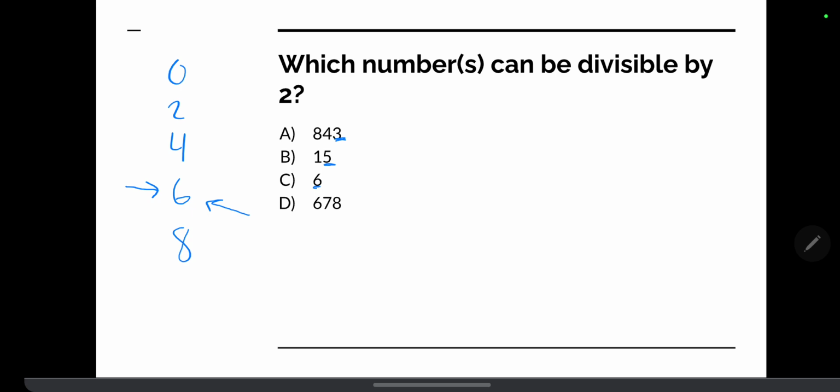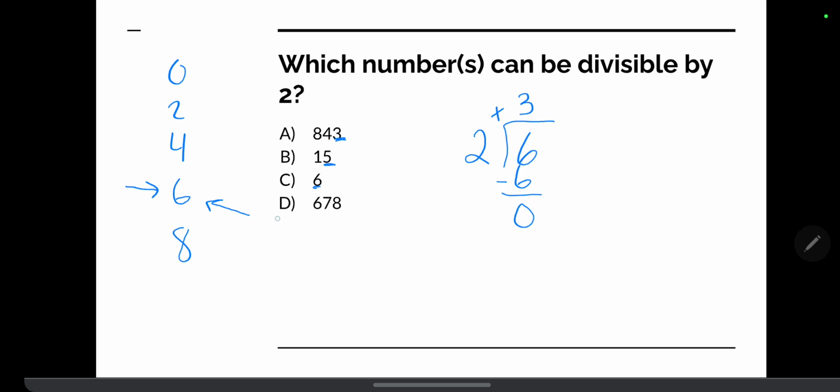To test it out, if I divide 6 by 2, 2 goes into 6 three times. 3 times 2 is 6, and I have a remainder of 0. So that proves that 6 is divisible by 2.